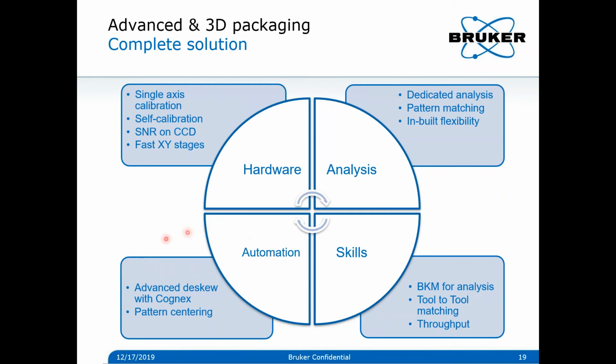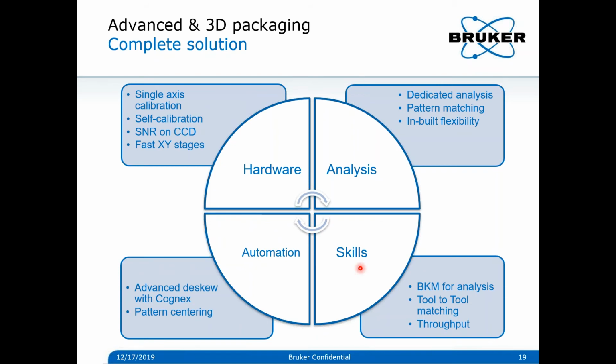Last but not least, the system needs to be fully automated. So we are providing all the solution from wafer handlers, for instance, having Cognex algorithm to really de-skew the wafers, or even center the pattern, as we'll see.